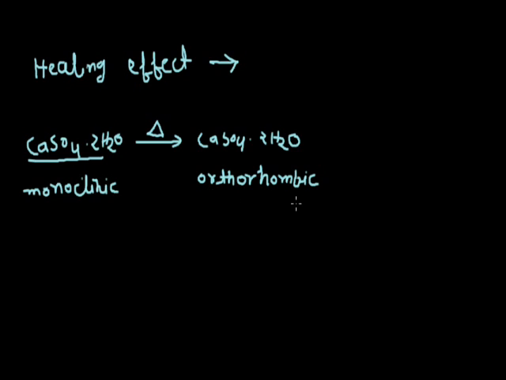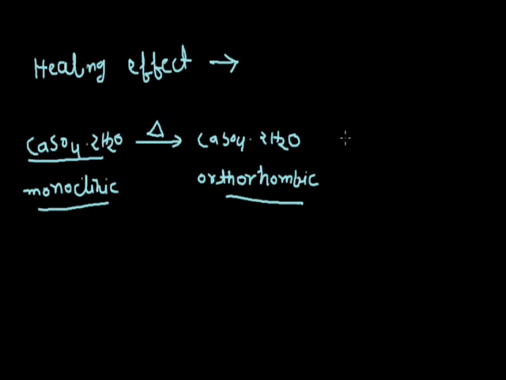These two structures, monoclinic and orthorhombic, have the same chemical and molecular formula but different physical properties. That means monoclinic and orthorhombic are allotropes of each other.